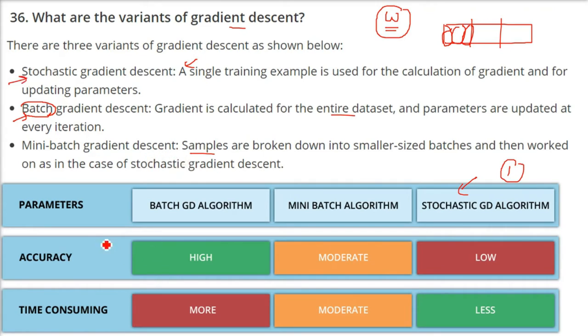So you see here, this is a comparison table also, because the next question is on the basis of this only. So let me explain here only, that is the stochastic GD algorithm, the accuracy is low and it is less time consuming. The batch GD algorithm, the accuracy is quite high, but it is very time consuming. But if you come to mini batch algorithm, both are moderate.